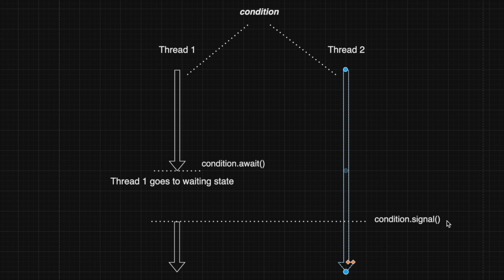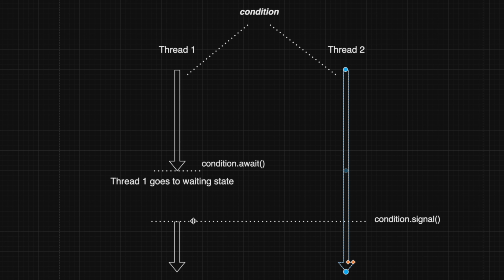As soon as the signaling happens, the JVM finds all the threads which are in the wait state anticipating this condition to be fulfilled and wakes the one which has been waiting the longest. In this example, there is only one thread, which is thread 1. So the state for thread 1 goes from wait state to the runnable state.